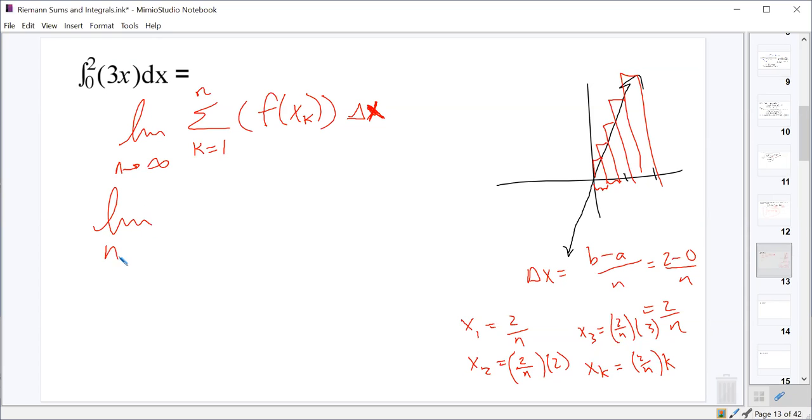So this will become a limit as n approaches infinity of the sum from k equals 1 to n of f of x sub k. So that'd be 3 times 2k over n times our delta x, which is 2 over n. Good or no?